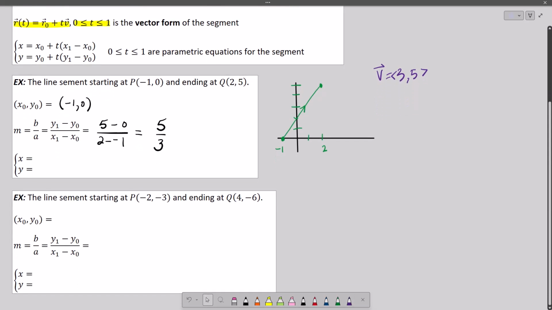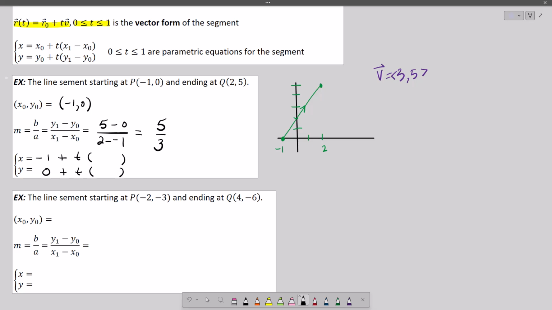All right, so let's write these parametric equations down. I've written them up here. So x is going to be x sub 0, and y is going to start with y sub 0. And then we have t multiplied by the change in x or the change in y.